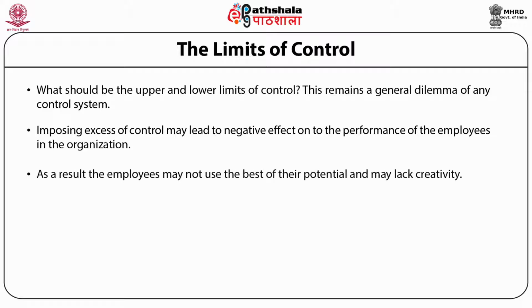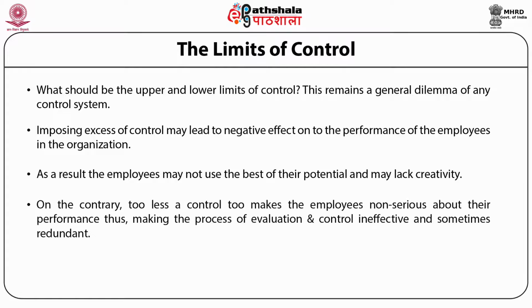As a result, the employees may not use the best of their potential and may lack creativity. On the contrary, too little control makes the employees non-serious about their performance, thus making the process of evaluation and control ineffective and sometimes redundant.